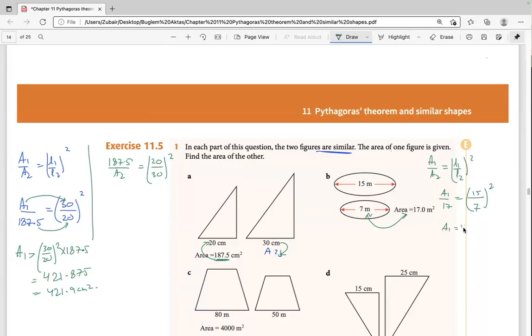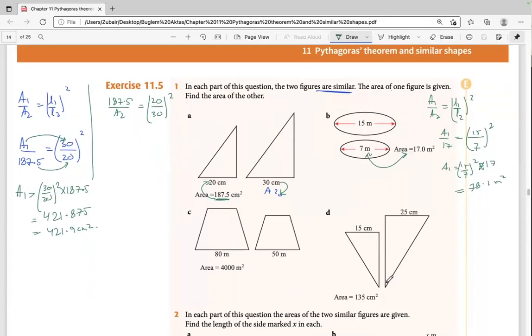So A1 is equal to 15 by 7, whole squared, into 17, which is equal to 78.06, approximately 78.1 meter squared. One more quickly, C part.